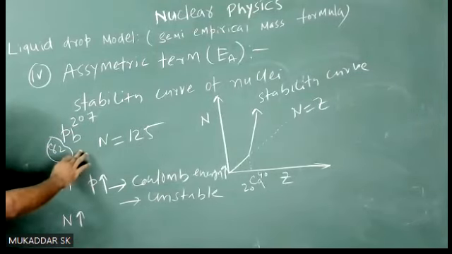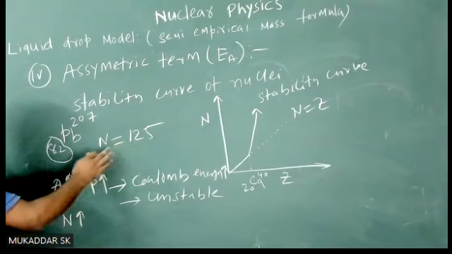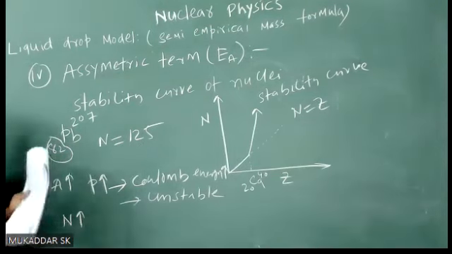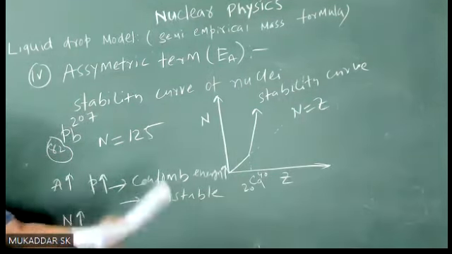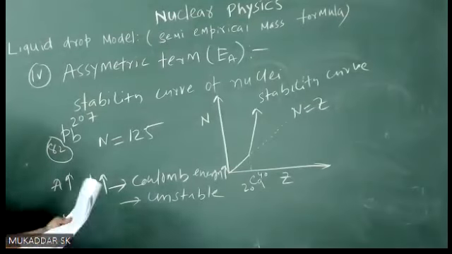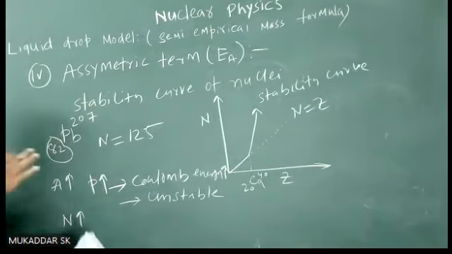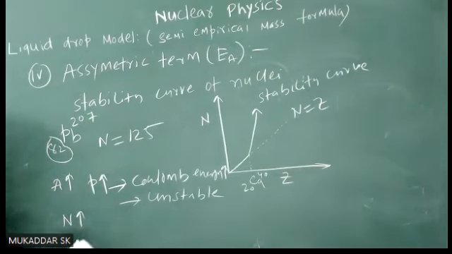But this system is stable because its number of neutrons is large as compared to number of protons, and the number of neutrons is basically increasing that nuclear force, and nuclear force is attractive in nature, and that is basically increasing the binding energy of that system. That's why this heavy mass is also stable.